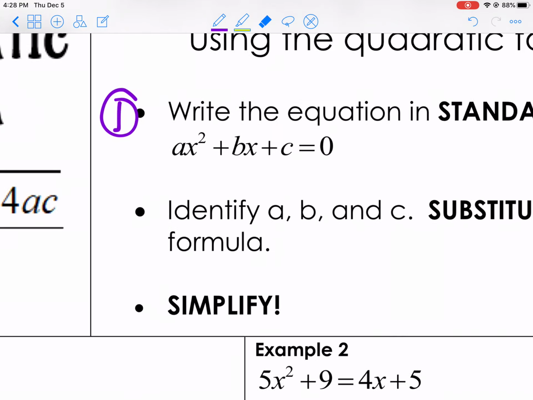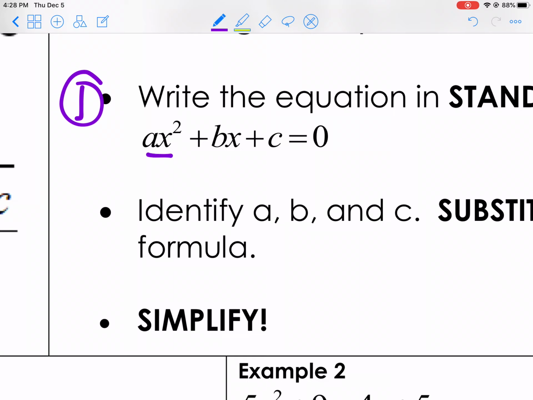So we want these written in standard form. Our largest exponent is going to be second power, always. And if we don't have something to the second power, then it's not a quadratic equation. So we're always looking for something x squared or variable squared, plus or minus something x, plus or minus a constant, equals 0.